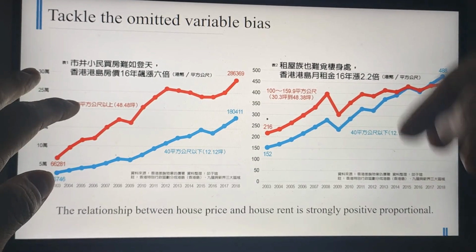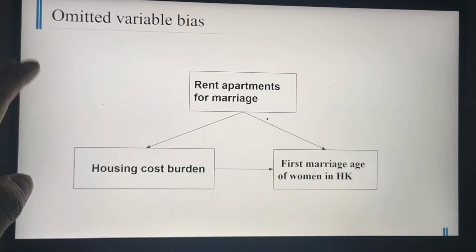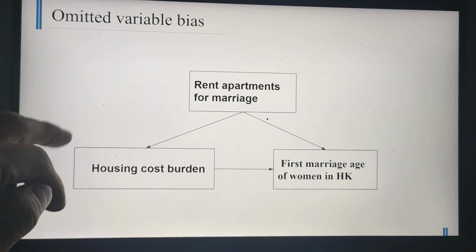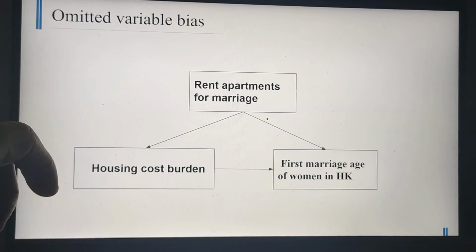If this is the situation, I can say that the housing cost burden can at least partially represent the toughness for the people to rent apartments for marriage. So that's how we tackle this omitted variable bias.